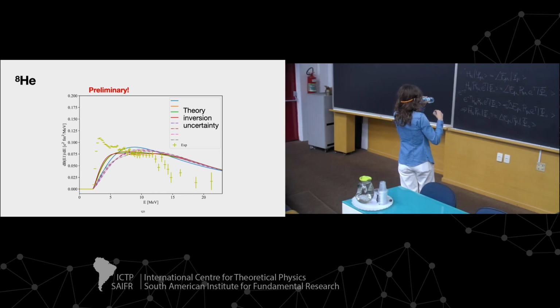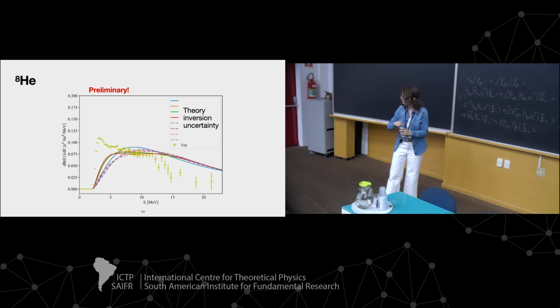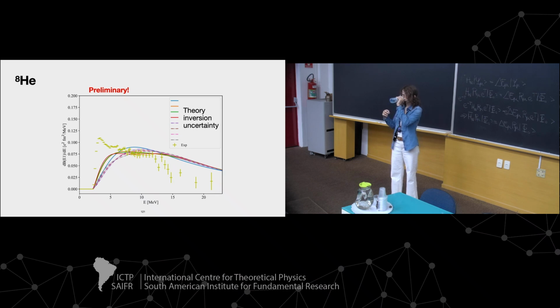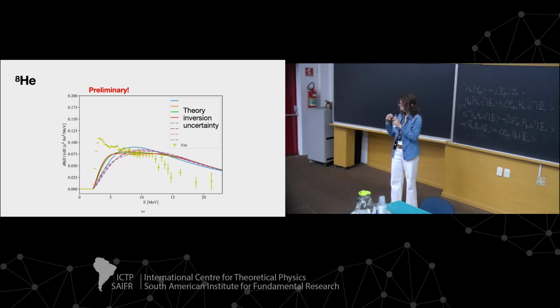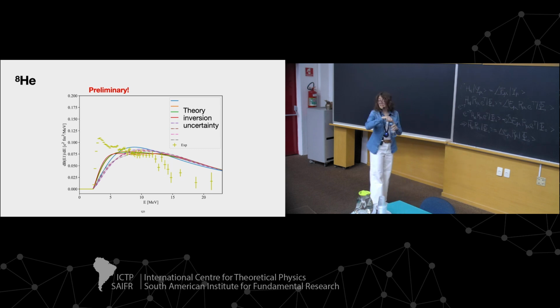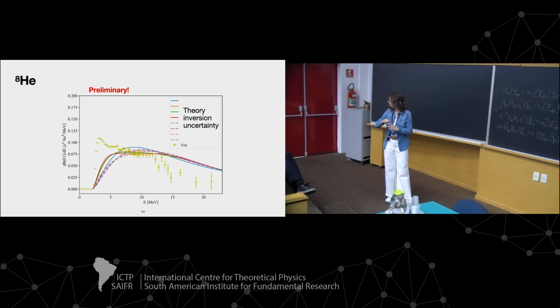Yes, this is the helium-8 breaking up into helium-6 and 2 neutrons. The first peak is at lower energy with respect to the 4. The second peak is the helium-8 breaking into an alpha and neutrons. Exactly, 2 peaks.